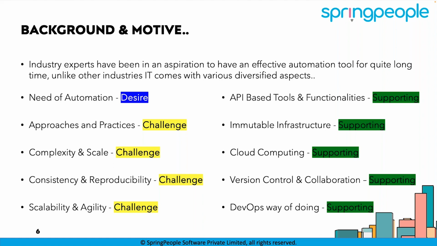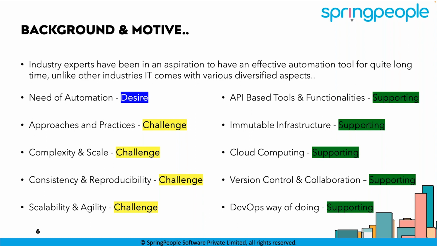Cloud computing has really made it possible to get resources quickly whenever the organization is looking for them. Version control and collaboration: when multiple people are working on the same objective, version control and collaboration like Git has its own way of enabling the system and business. DevOps way of doing automation: first Terraform should run, and then Ansible should run, and then it should be a CI/CD way of doing it.